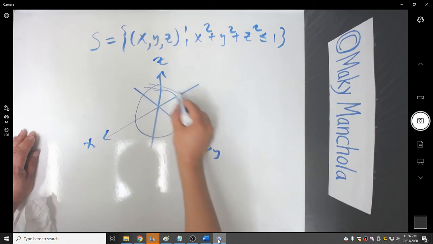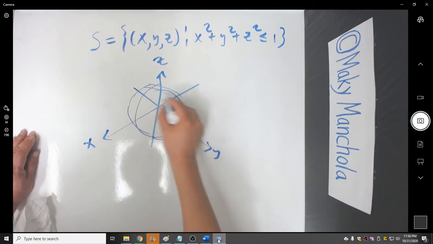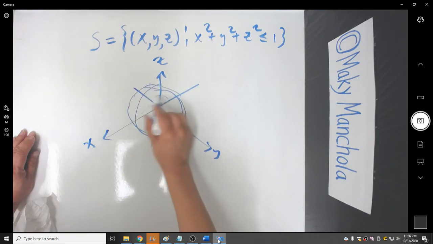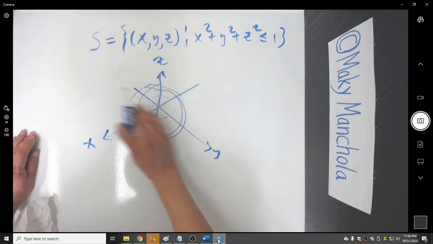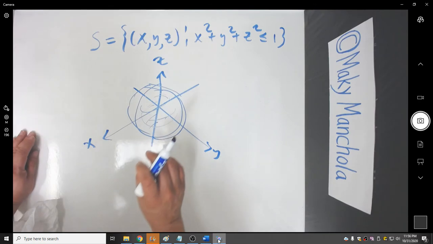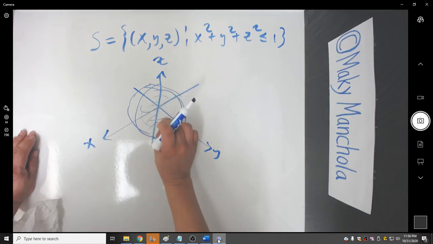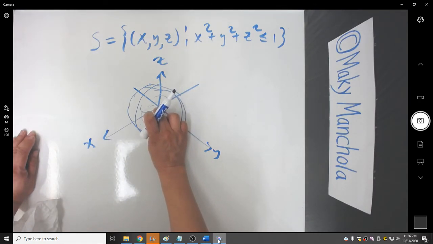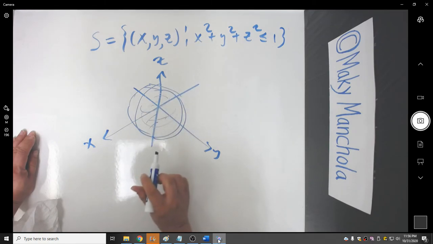I call this a sphere, but it's actually a ball. It's everything, the shell and the inside, that is centered at the origin and has radius 1.